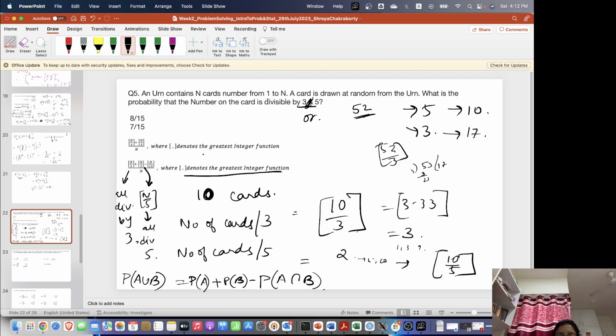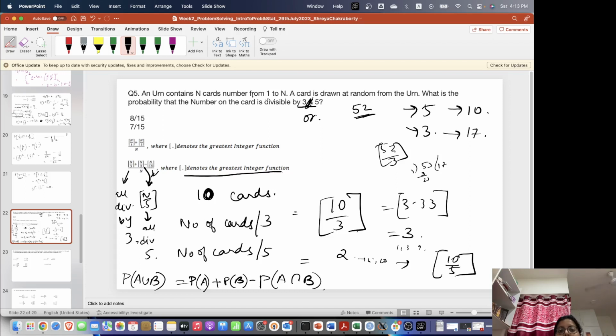So if we tally these two, then there will be some cards which are also divisible by 15. So that will be double counted. That has to be removed from our entire set. Something which is divisible by 5 and also divisible by 3, since these two are prime numbers, should also be divisible by 15.